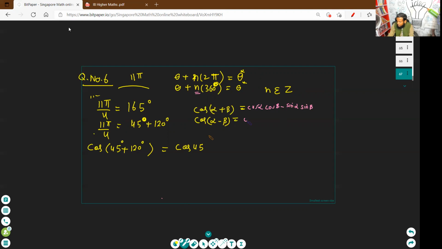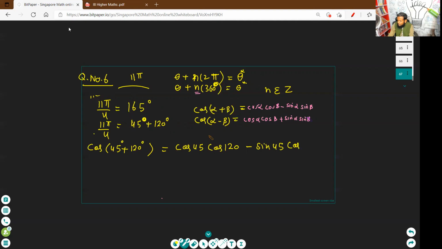And then this one is just the opposite. Here use the same formula: cos 120 cos 45 minus sine 120 sine 45 degree.